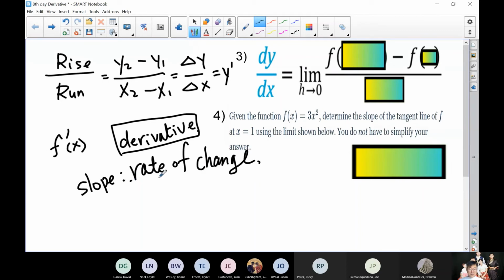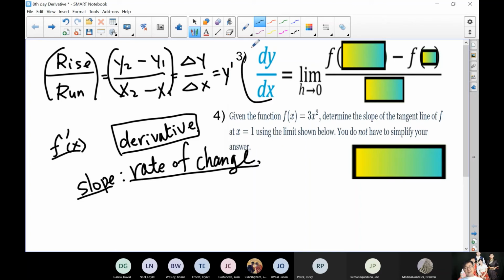Slope is the rate of change, rise over run, y changes to x changes, dy dx.